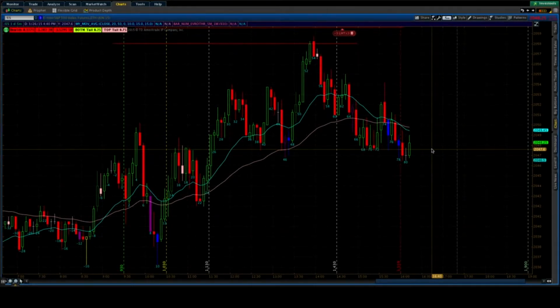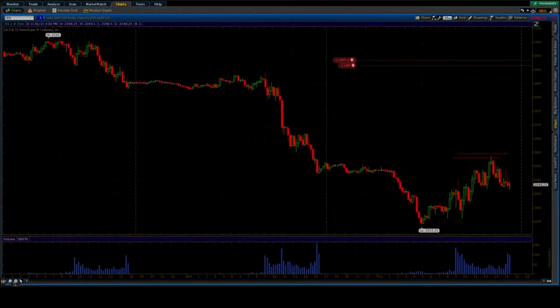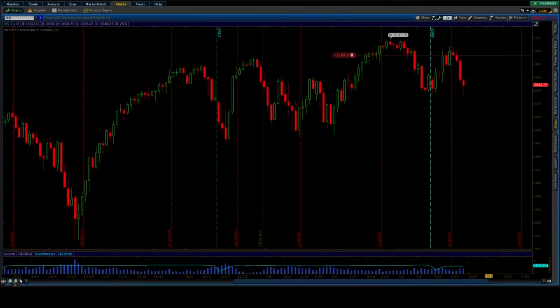I happen to be a 5-minute time frame type of analyst, if you will. It just seems to be one of my main fascinations. Of course, I keep an eye on higher time frames, like you see here, the 15-minute, 1 hour, and the daily charts. And that's as far as I go.